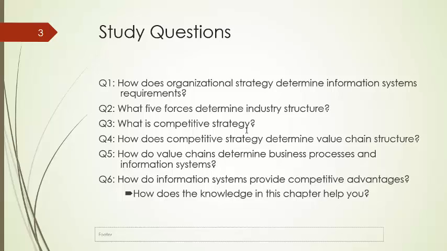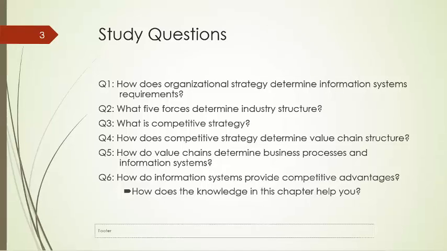We also want to look at another model that determines strategy from the perspective of a value chain structure. So how do you add value at each step in your value chain, and that can be part of your strategy as well. Another area where your strategy can have an impact is looking at that value chain, and then how does that determine your business processes and your information systems?